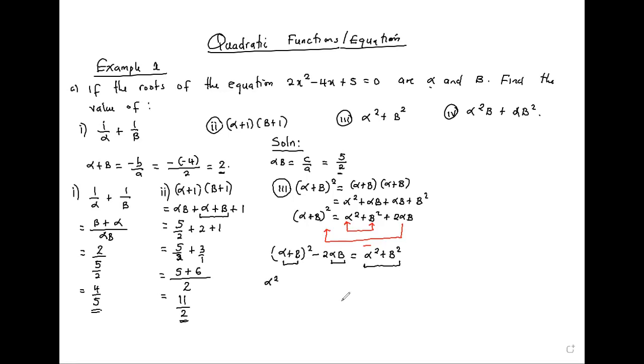So alpha squared plus beta squared is equal to alpha plus beta is 2, we'll square 2, minus 2 times alpha beta, which is 5/2. So we get 4 minus 5, the 2 will cancel, and we remain with 5, which is equal to -1.